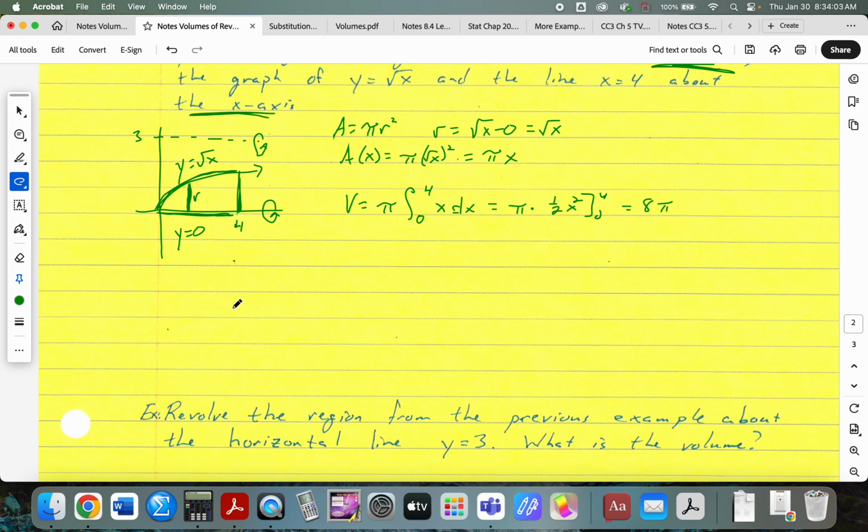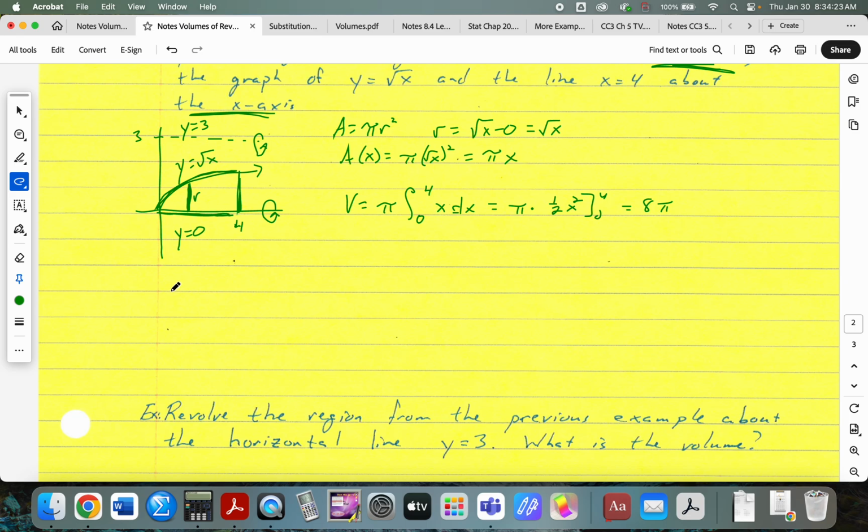But now, do I have a circle anymore when I spin that around? No, because there's a gap between my slice and my axis of revolution. And that gap is going to give me the radius. And this is y equals 3.